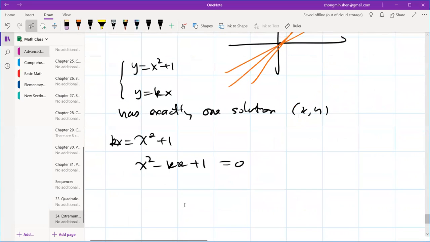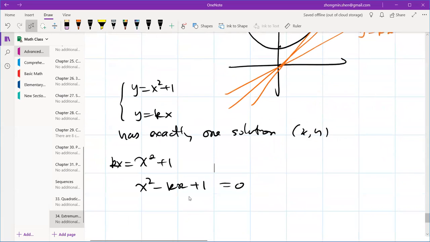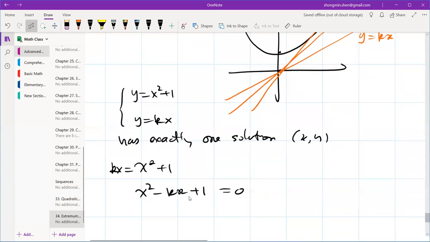Okay? So if this equation has two solutions, you get two intersection points. If this equation has no solution, then it has no intersection point. So you want exactly one intersection point, which means this should have one solution.